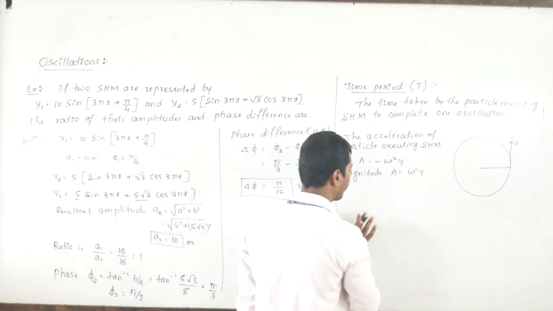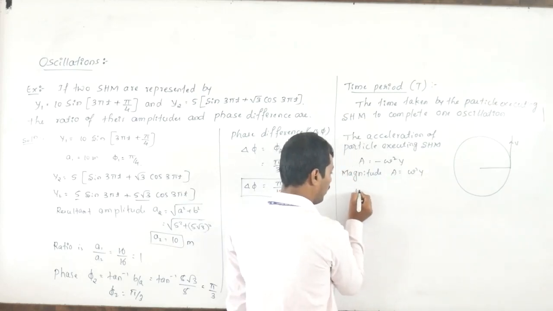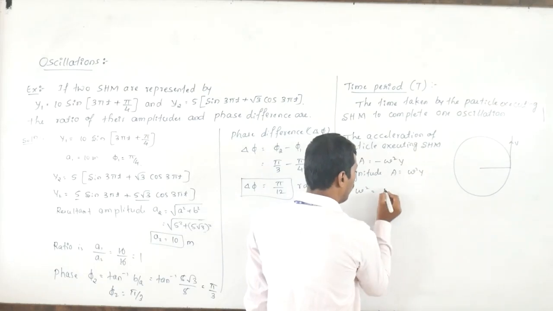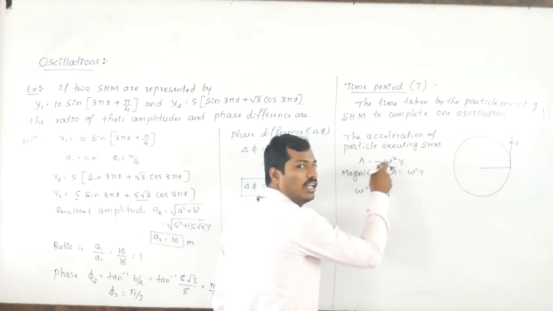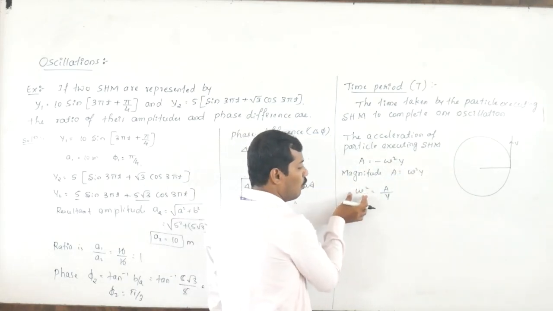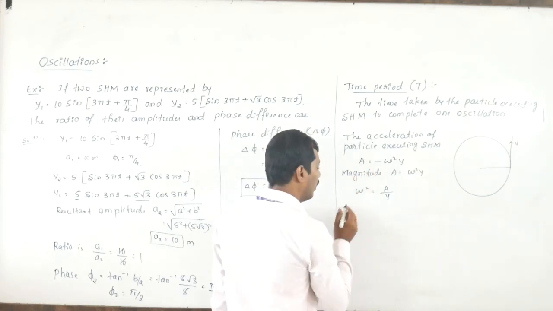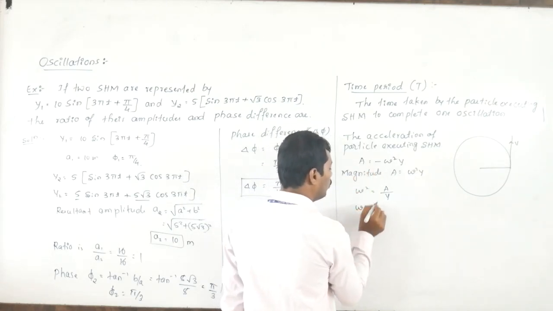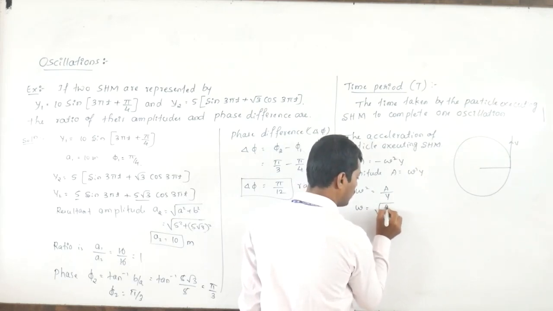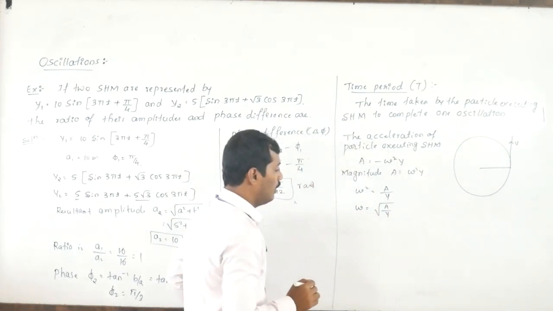Then omega square is equal to a divided by y, acceleration divided by the displacement of the particle. Removing the square, omega becomes the root of a by y.